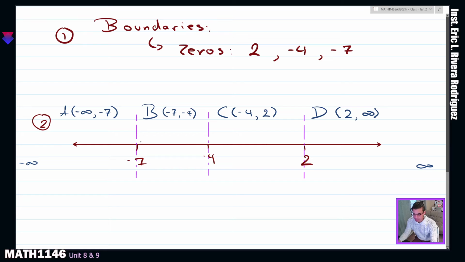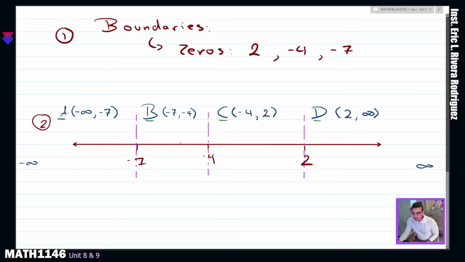Once I have identified the zero of that polynomial, I know that to the side of those zeros, I'm going to have either positive or negative value. Okay, now we want to test each region to know where we have negative values for the polynomial, in which region we have negative values.